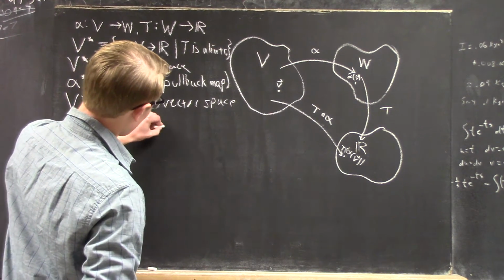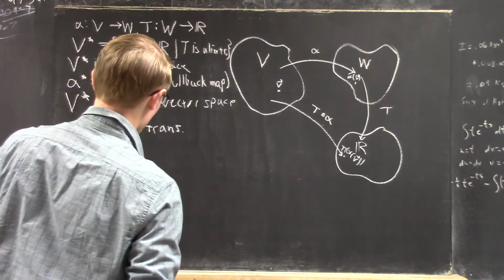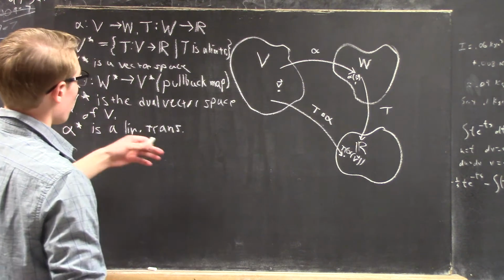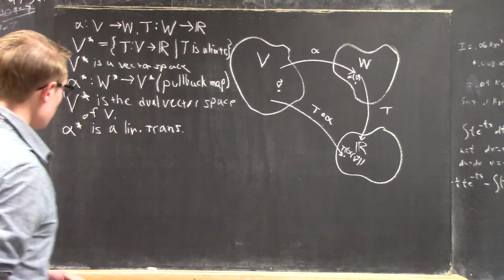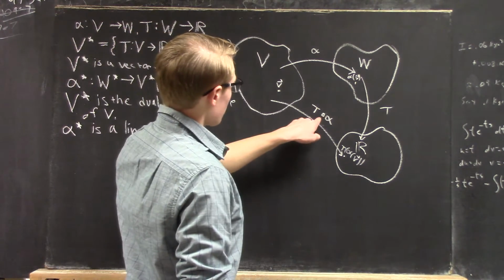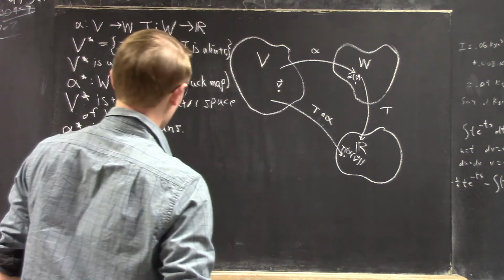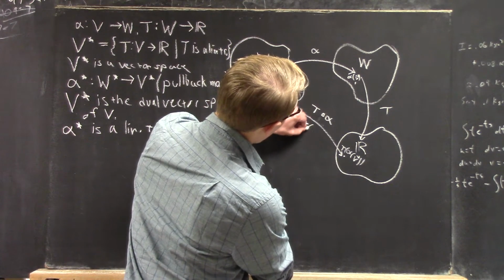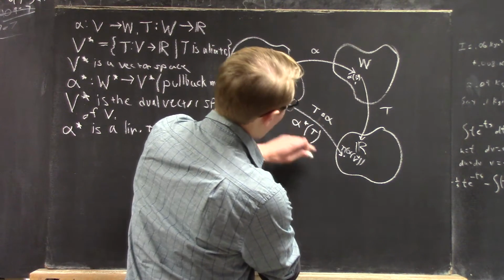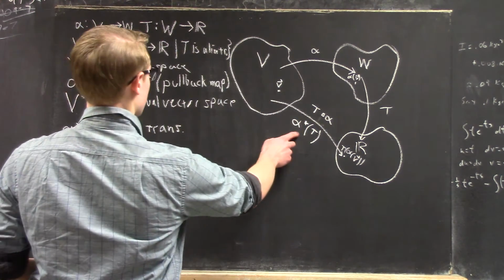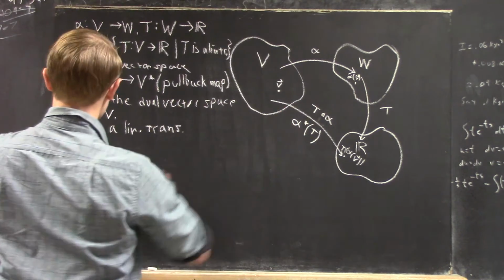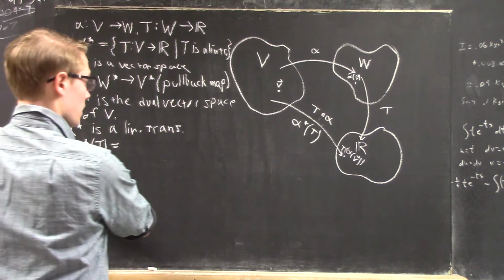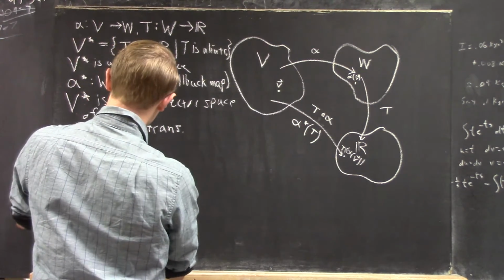The way in which that can be proven is, of course, by showing that addition and scalar multiplication do apply for this transformation. And we can also rewrite this in another format, which would be written as such: the pullback of T by alpha. These two statements are equivalent to each other because this represents this transformation.